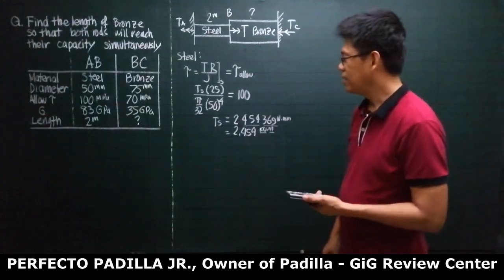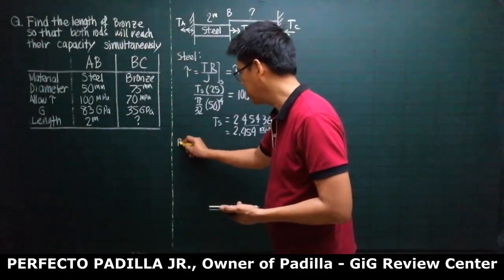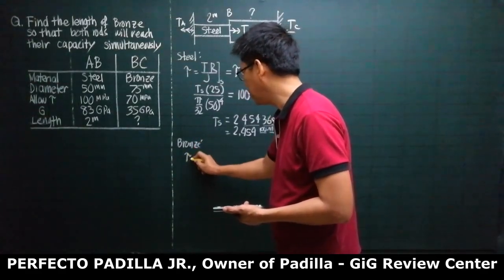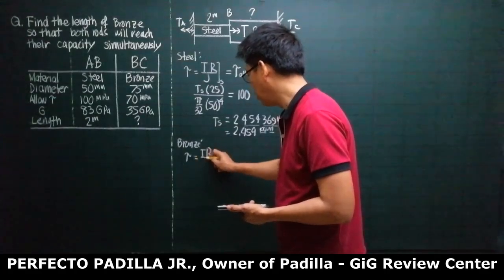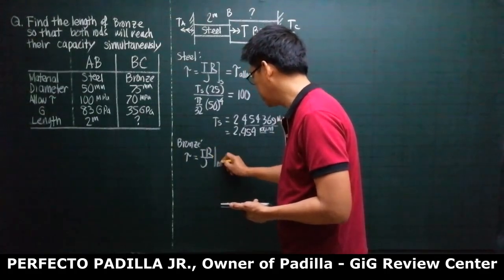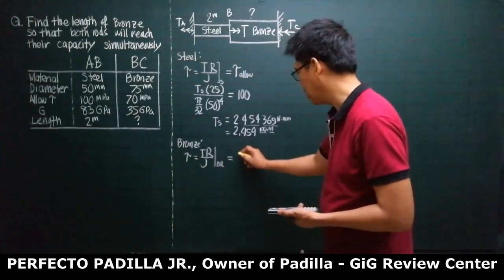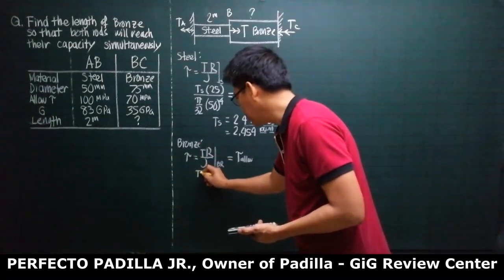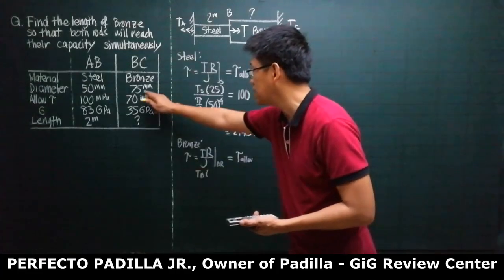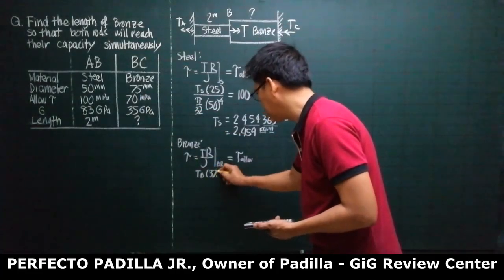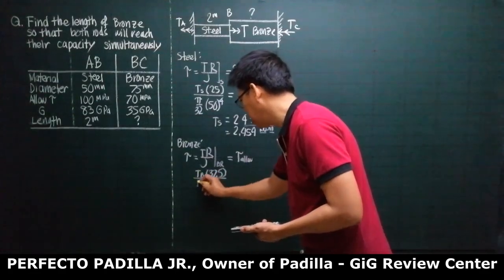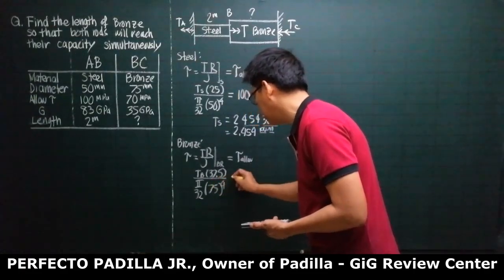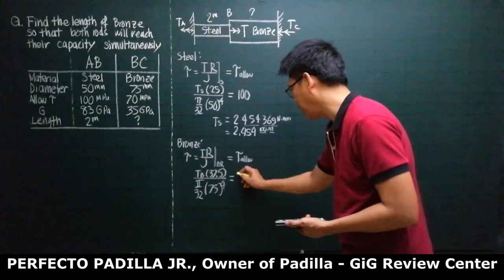You get it? Now, considering the bronze, the tau in bronze actual, which is TR over J in bronze, must be exactly equal to tau allowable in bronze. So the torque in bronze times the radius of bronze, that is half of this, 37.5, over J, which is pi over 32 d to the fourth, 75 to the fourth, is exactly equal to 70.